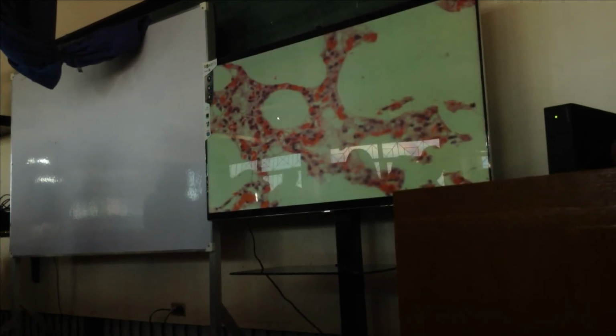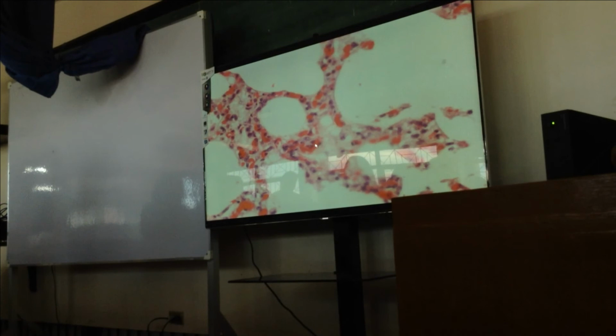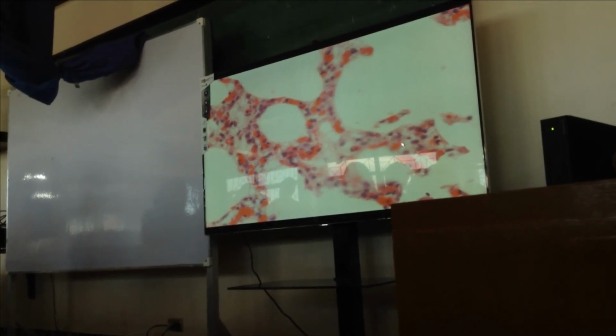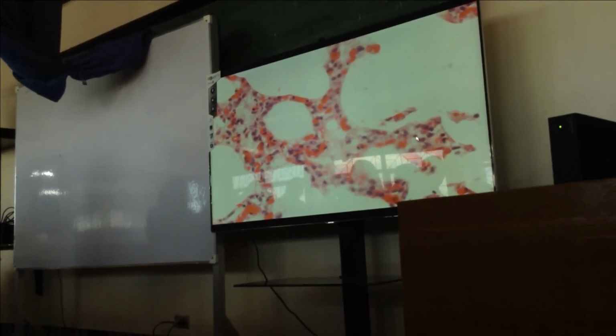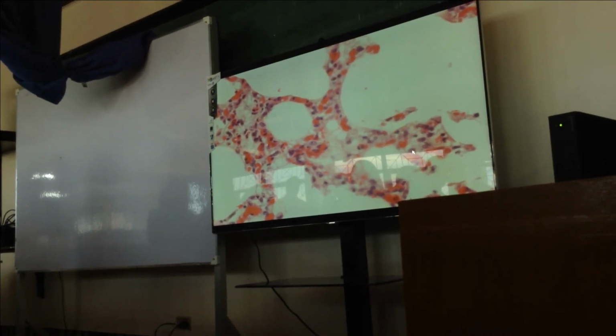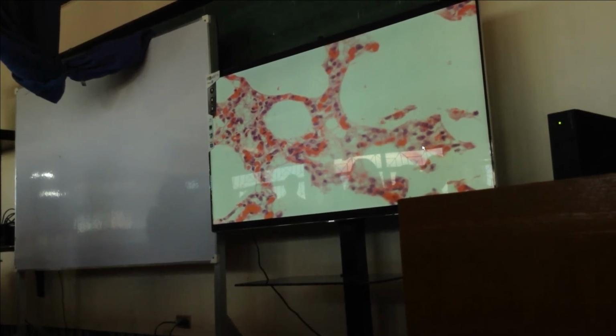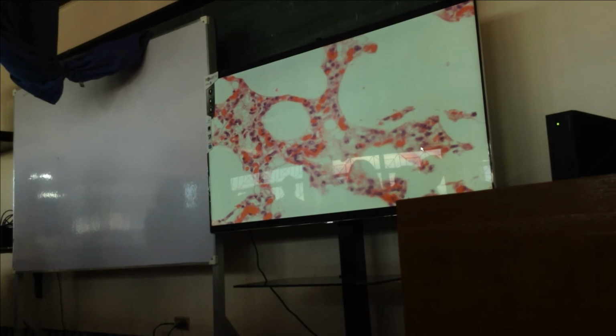So that increased thickness of the interstitium is because of the congestion of the capillaries in the interstitium and the infiltration of the mononuclear cells. Normally, there should be no inflammatory cell in the interstitium because the interstitium is supposed to be very thin to allow easy diffusion of gases.